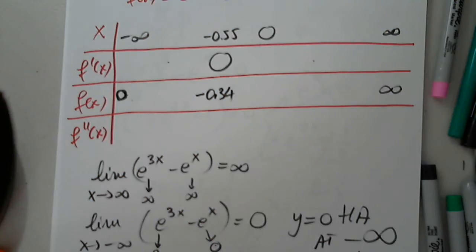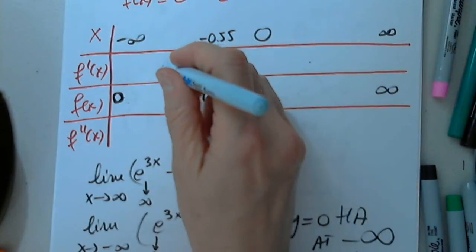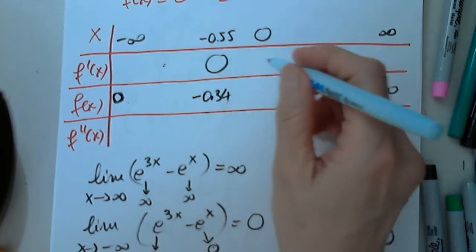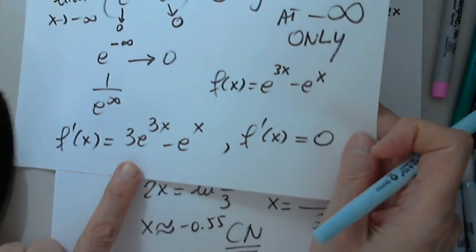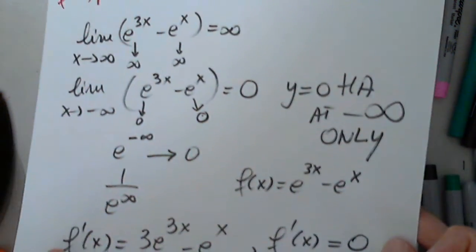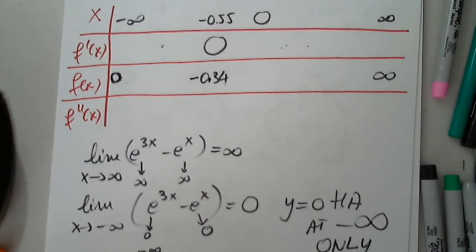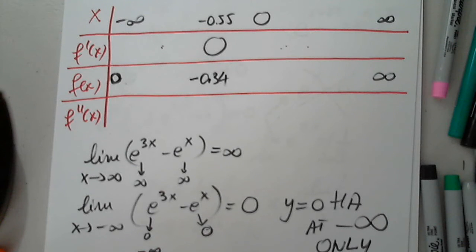Wonderful. Okay, so now I need to find the sign of the derivative. Okay, here's my derivative. And I'm going to punch it in the graphing calculator. I'm going to share my screen.